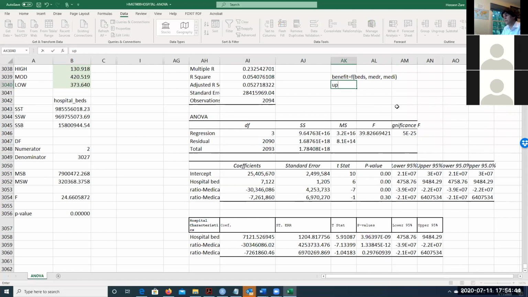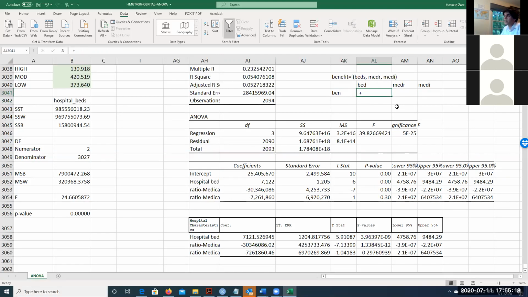Bed up, benefit up. Beds down, benefit down. Medicare up, so benefits up, positive. This is a positive relationship between these two. I hate Excel. I'm sorry.